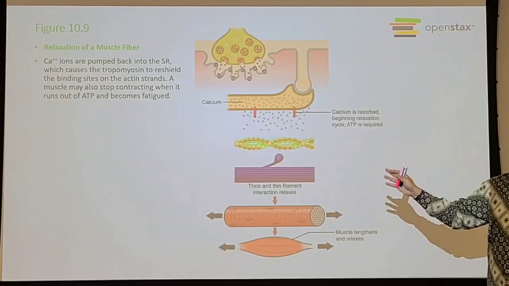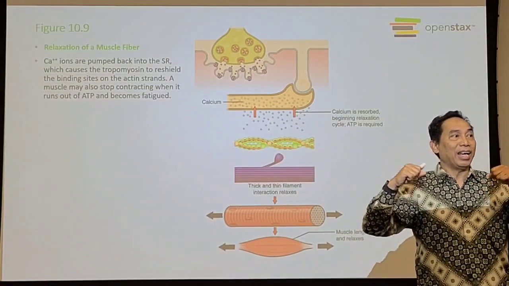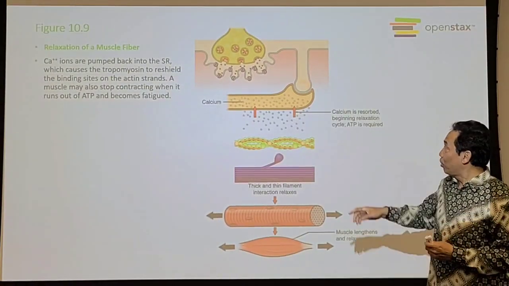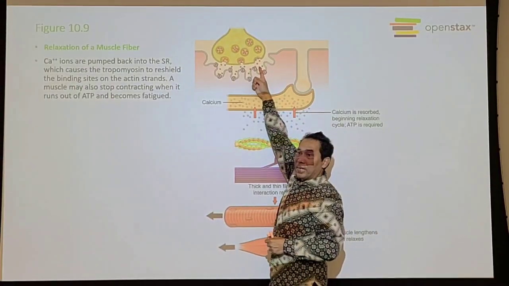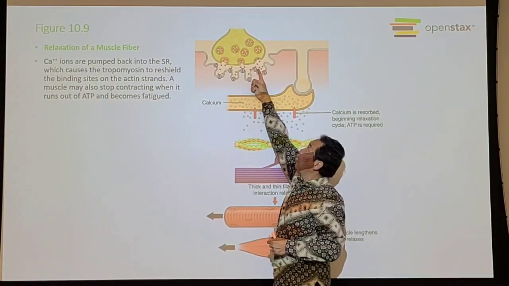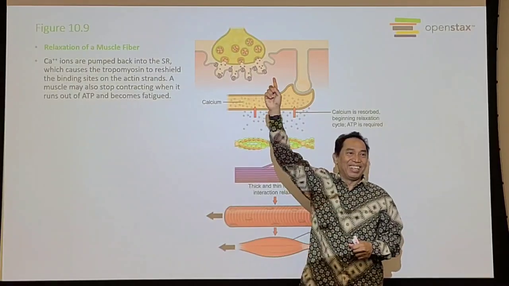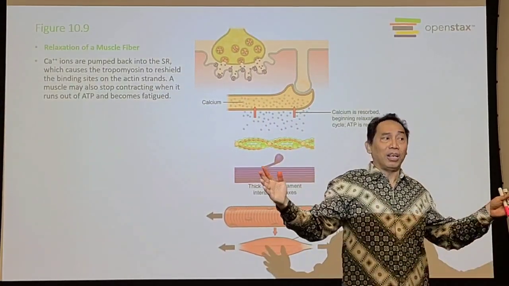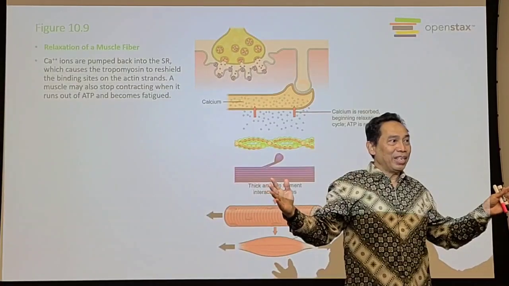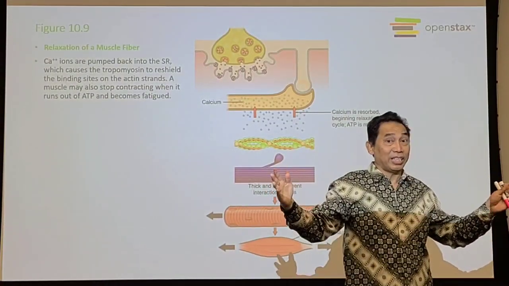That's the way our muscle contracts and relaxes. So when there is no contraction, what happened with this ACh, acetylcholine? Acetylcholine will be removed from here. There is a special enzyme that will remove the acetylcholine. The enzyme is called acetylcholinesterase.